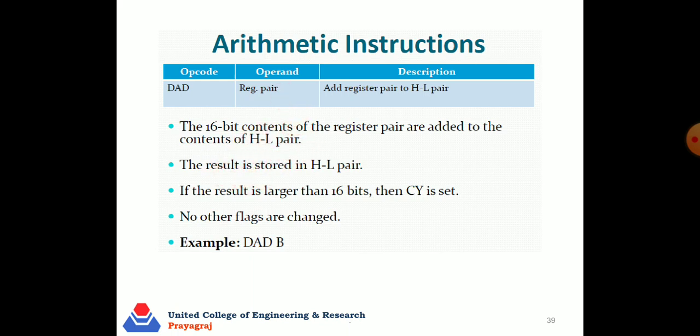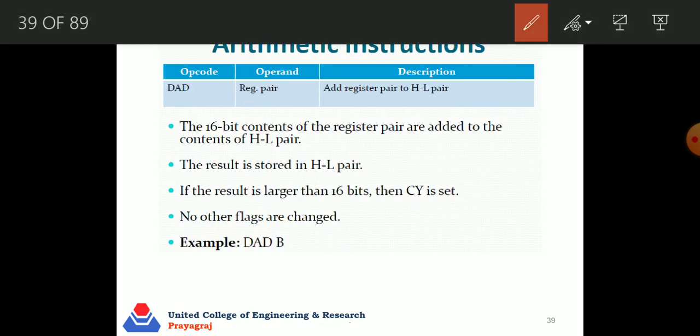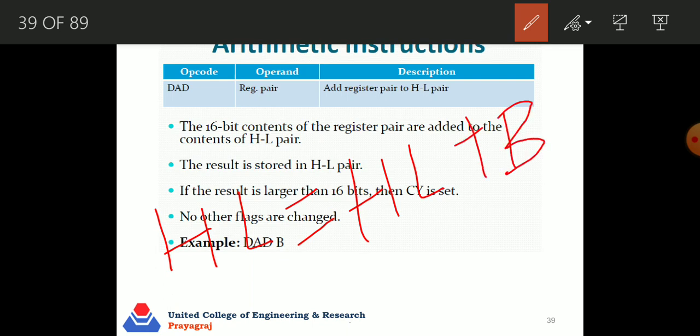It is an exception case. As we said, the maximum operations are performed by the accumulator, but there are some operations which have a different meaning. Here it is the DAD instruction. If we write DAD B, what is the meaning? HL equals HL plus BC.